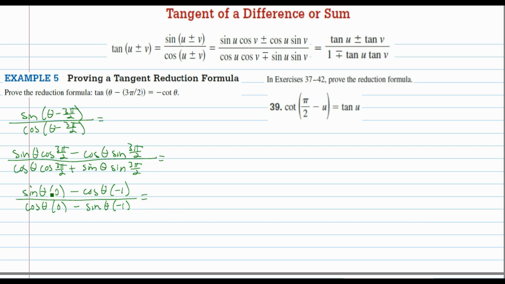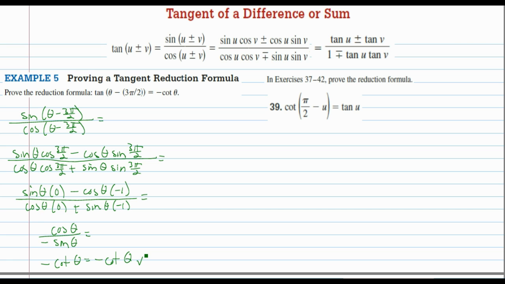So now I have no first term here, so I just have a now positive, because it's the negative times the negative 1, cosine of theta over, again this is a plus sign, sorry. So this negative 1 times the positive sine of theta would be a negative sine of theta, which is negative cotangent of theta, which was exactly what I am looking for.